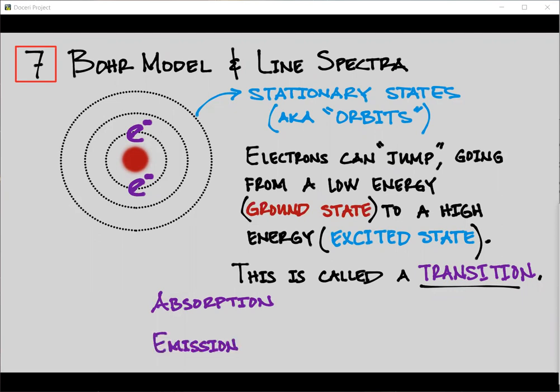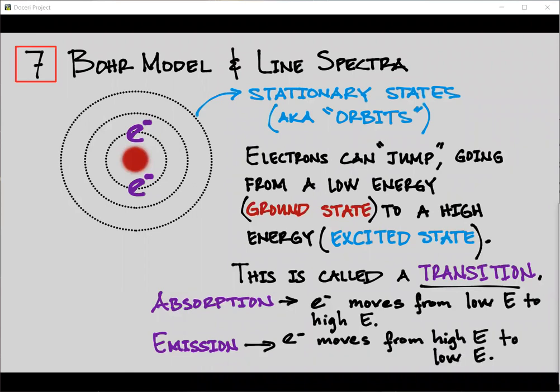The other type of transition is called emission. Absorption is when an electron moves from a low energy to a higher energy level. Emission would be the opposite.